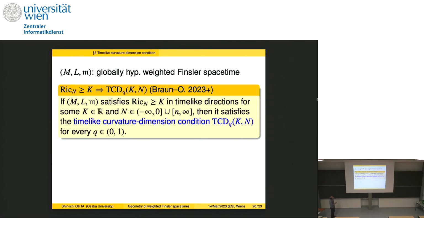We consider a globally hyperbolic weighted Finsler spacetime; then the weighted Ricci curvature bound, Ric_N bounded below by K, implies the timelike curvature dimension condition, TCD(K,N), for any real number K and also any N in this range.